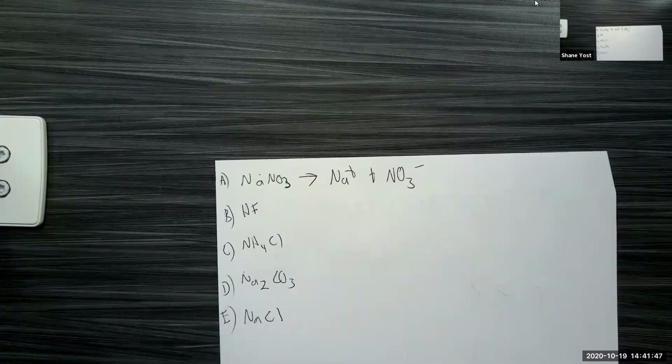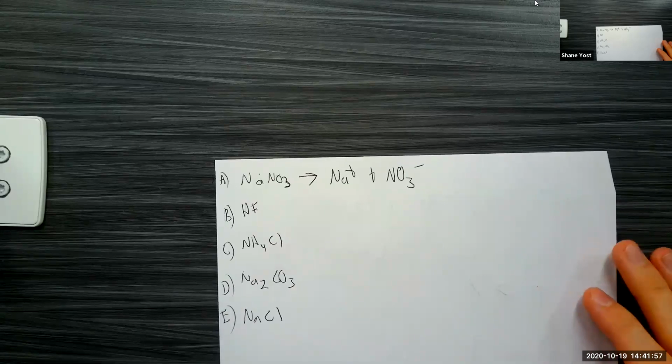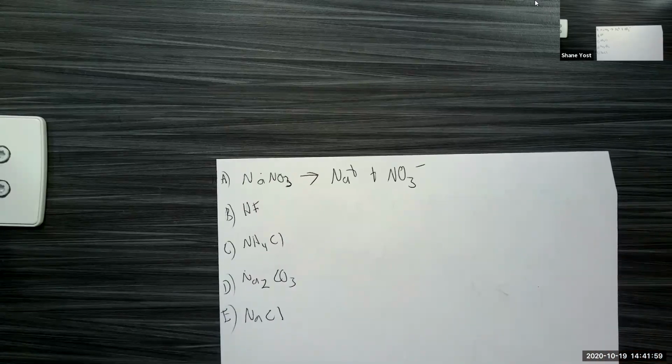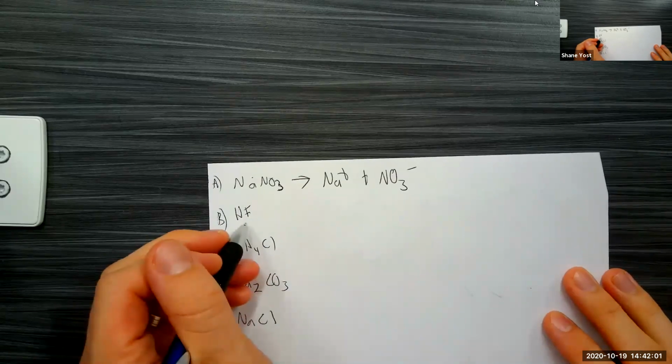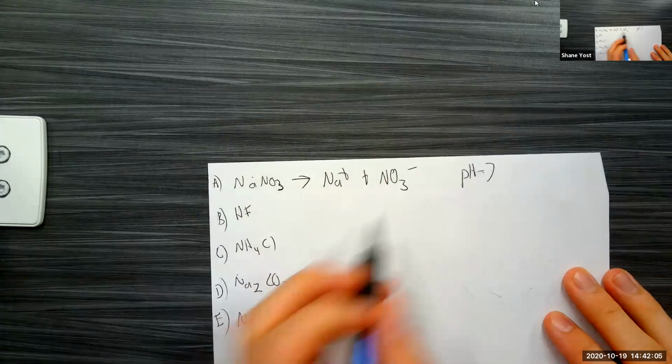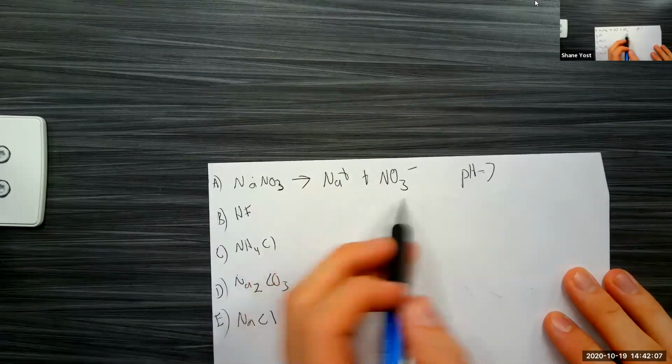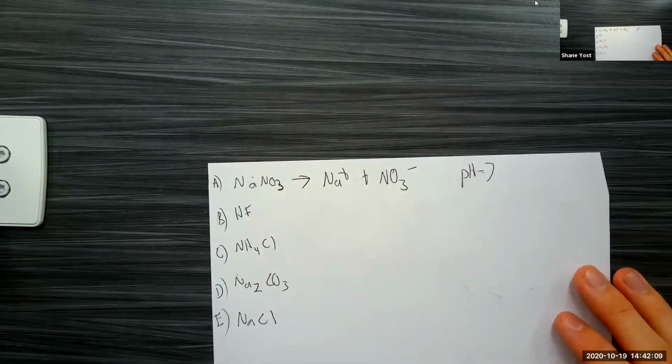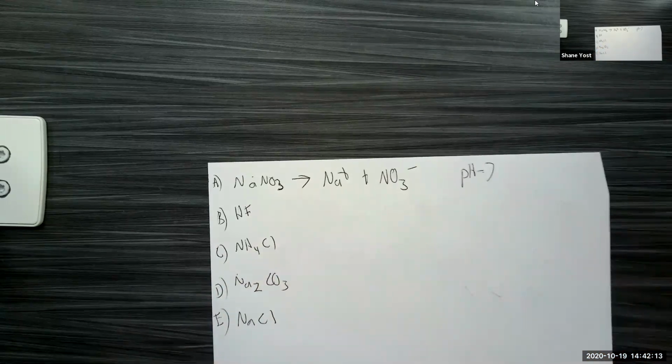No as well, because NO3 minus comes from HNO3, the strong acid. So this will have a pH equal to 7, a neutral solution, because neither sodium nor nitrate ions will impact the pH.